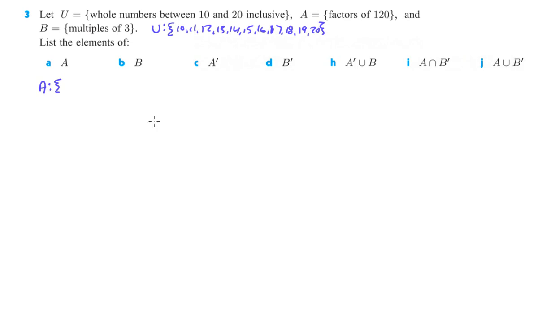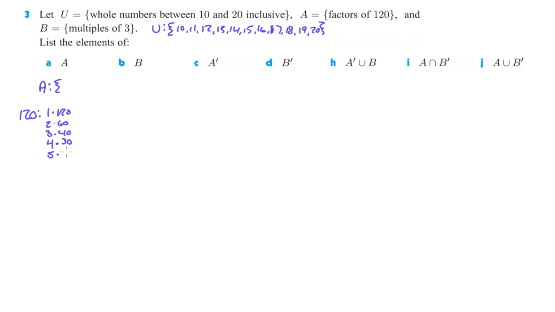So factors of 120. If we look at 120, factors of 120 are 1 times 120, 2 times 60, 3 times 40, 4 times 30, right? 5 times, let's see, what's that going to be?